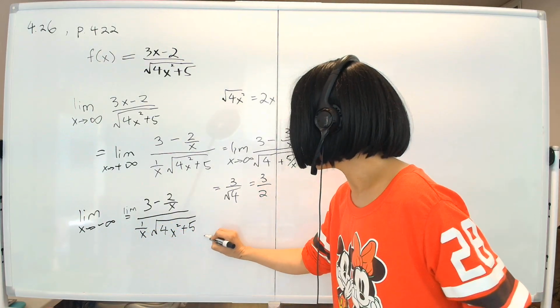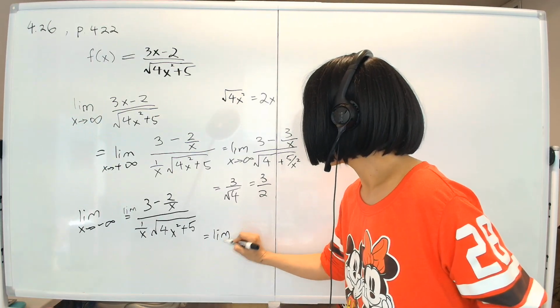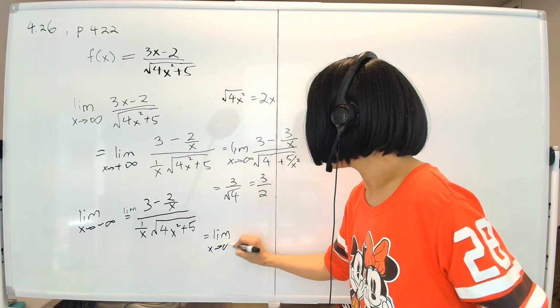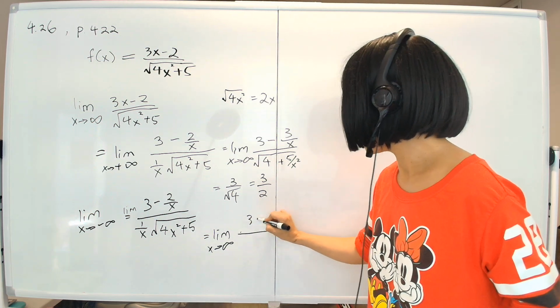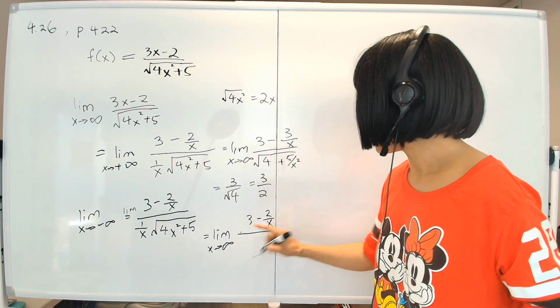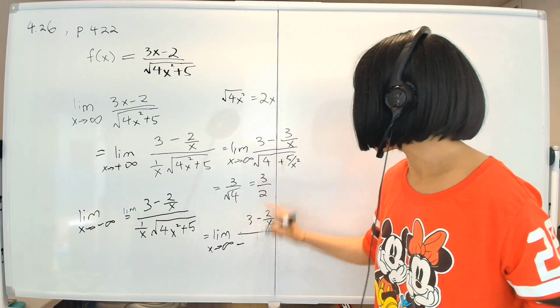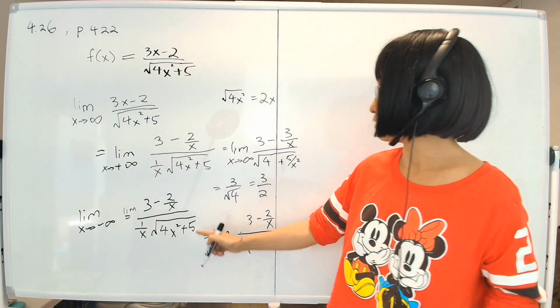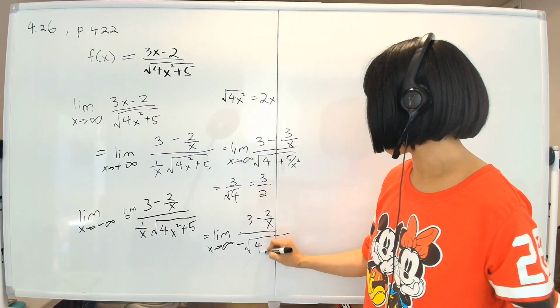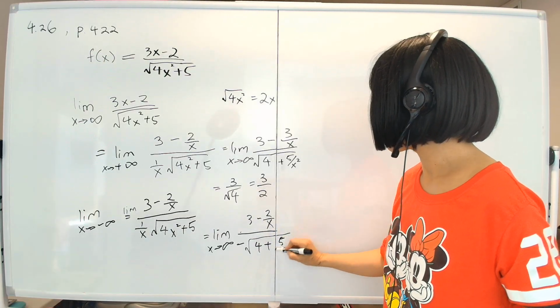So this equals the limit as x goes to negative infinity. The top stays the same, 3 minus 2 over x, but the bottom is equal to minus the square root of 4 plus 5 over x squared, since you divide out the x squared.